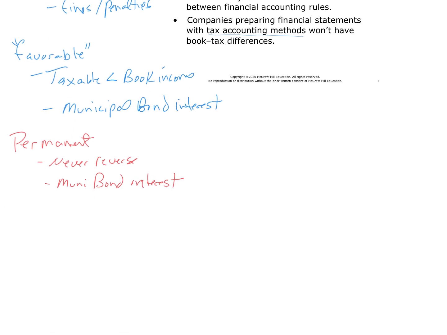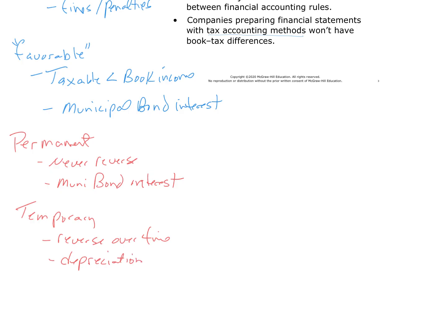Also, you have temporary book tax differences. Temporary book tax differences reverse over time. A great example of this is depreciation.